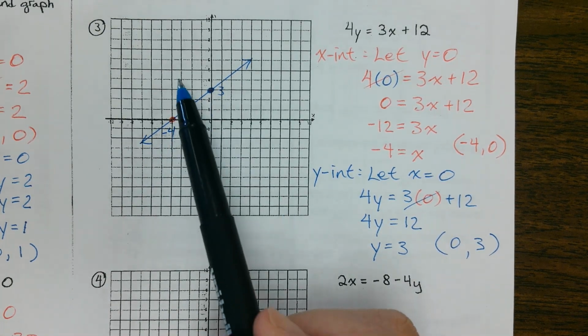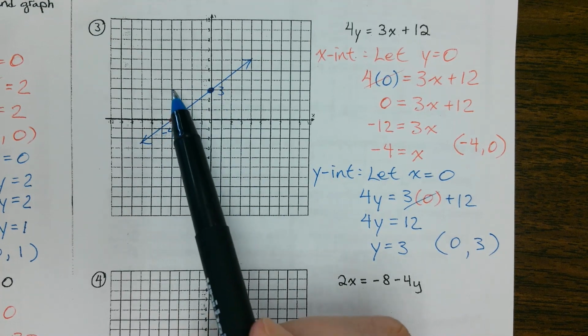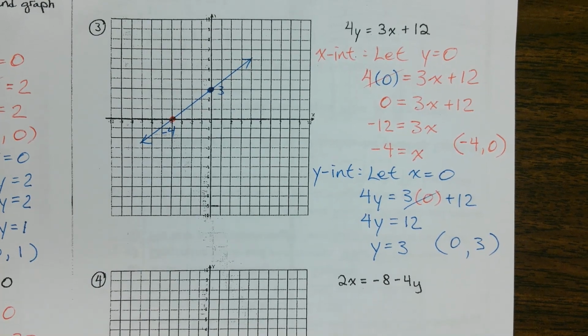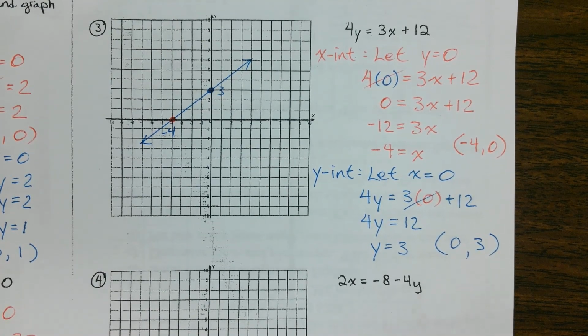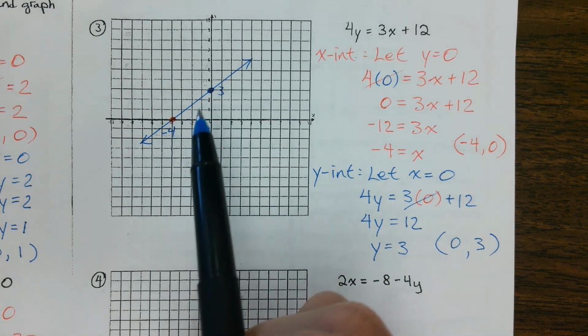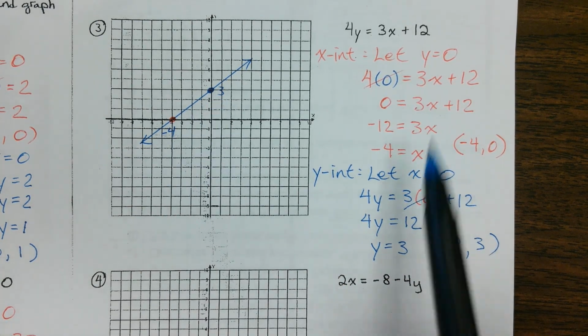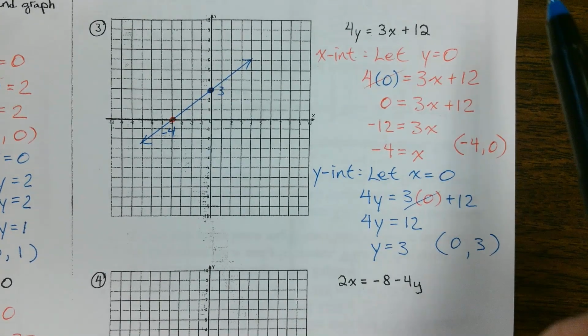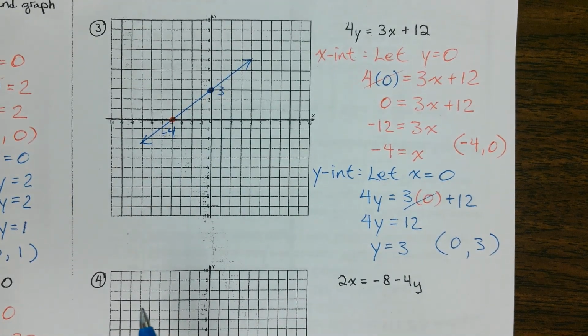Yeah, that's it. Rise over run. So rise is 3, run is 4. Notice it's always those numbers, and that's because we use the x and y intercept. So using x and y intercepts is going to always give you 2 points that are nice and easy to calculate because anything times 0 is 0. So this is one method in graphing a line. Later on, we'll learn another method of graphing lines.